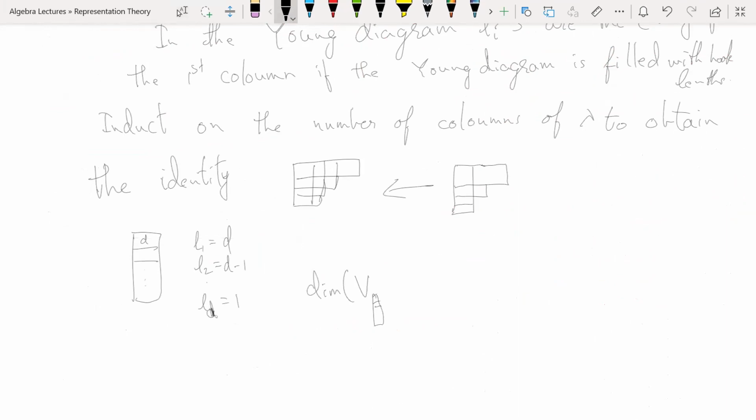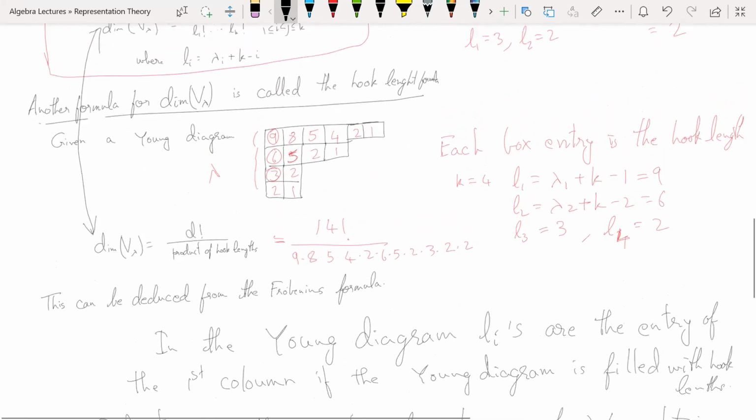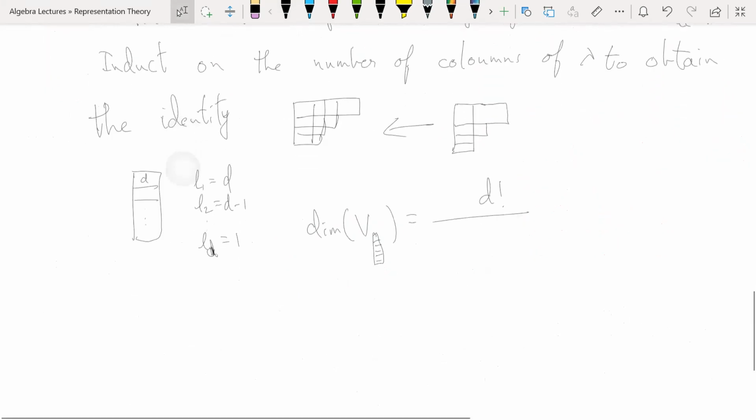So the dimension of V is d factorial over L1 factorial, yeah, it looks like a complicated formula.